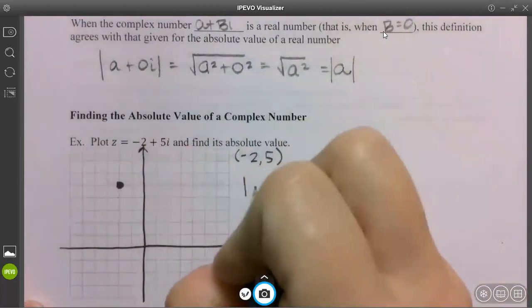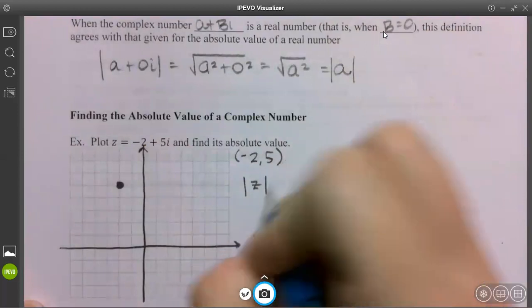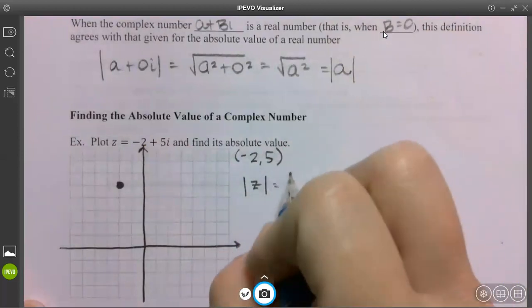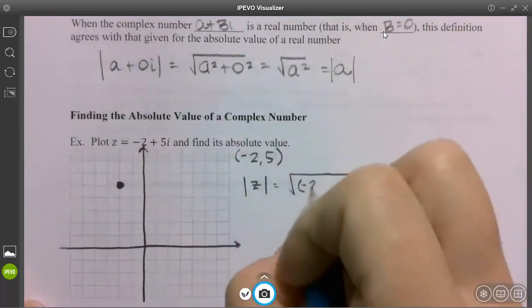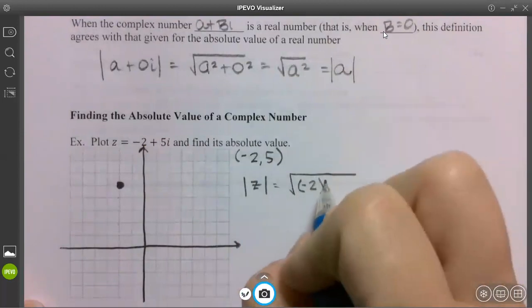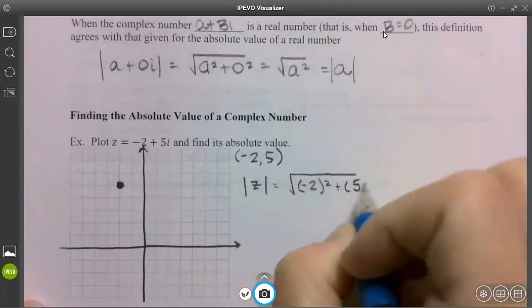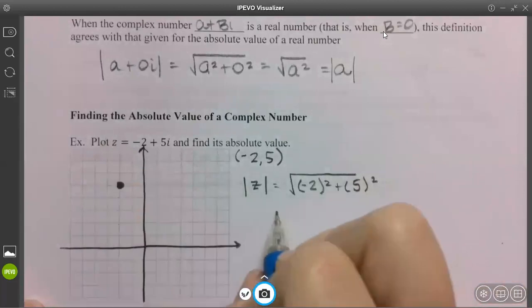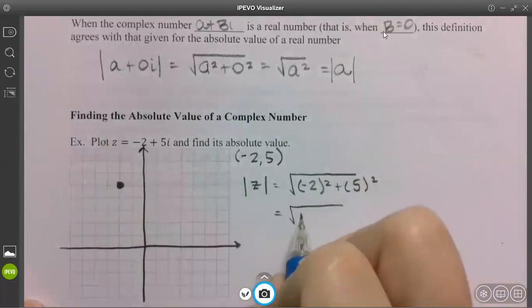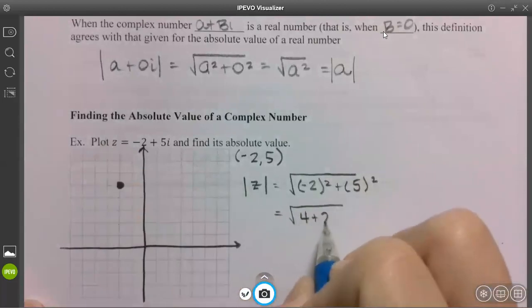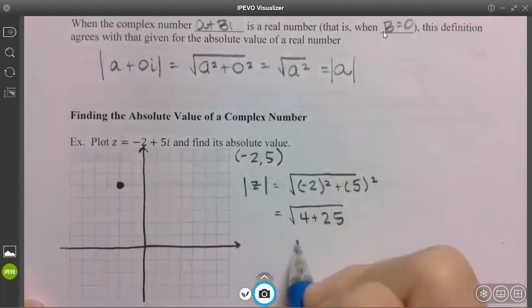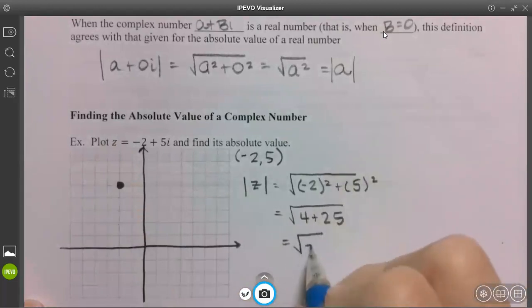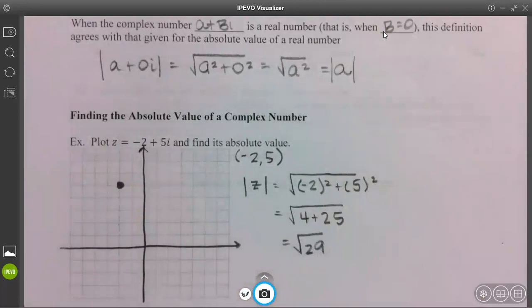And then to find the absolute value, we're going to do the square root of (-2) squared plus 5 squared, which equals the square root of 4 plus 25, or the square root of 29. And you can leave it just like that. You don't have to do any work to it at all.